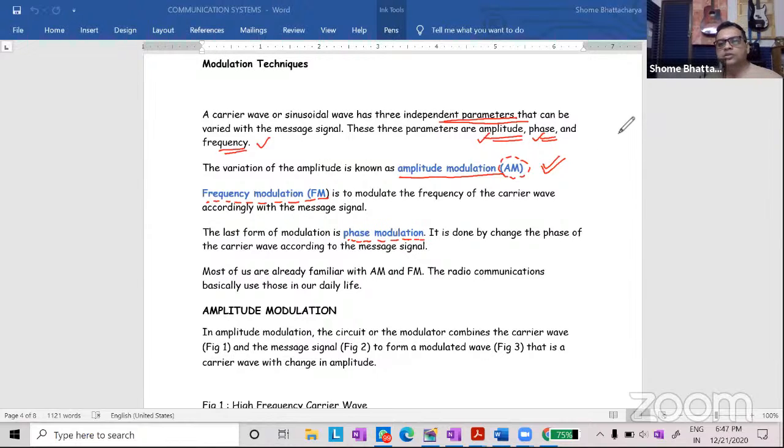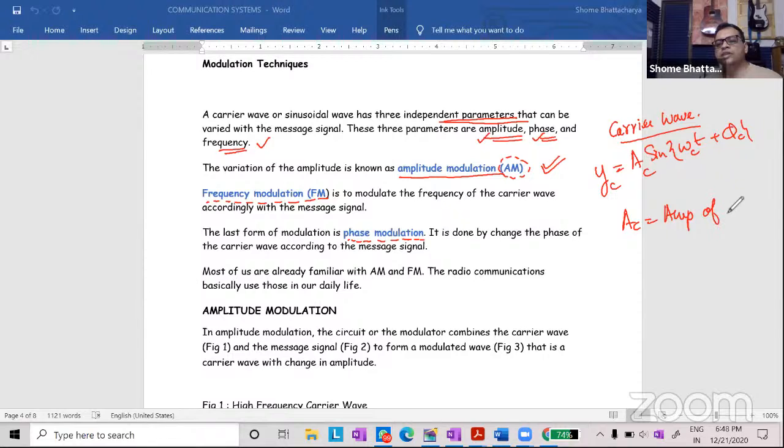If you think of the carrier wave as something like this, it is some kind of signal. It has some kind of amplitude, some kind of frequency, some kind of phase. Here AC is the amplitude of the carrier wave. Omega C, which is 2 pi FC, where FC is the frequency of the carrier wave.